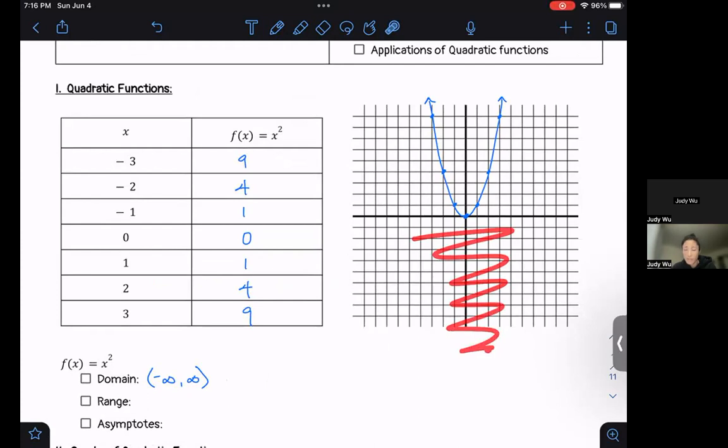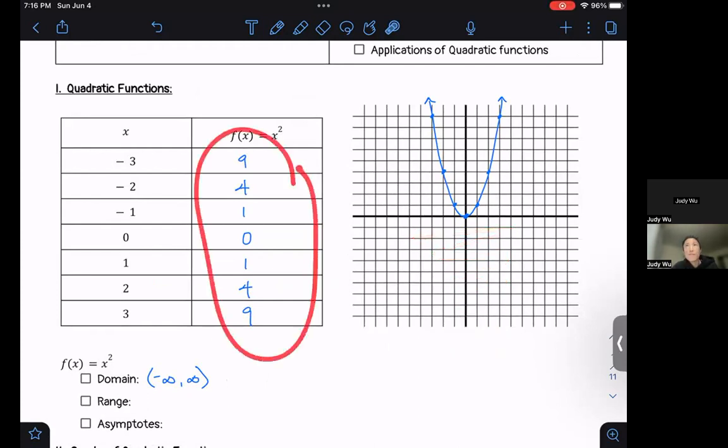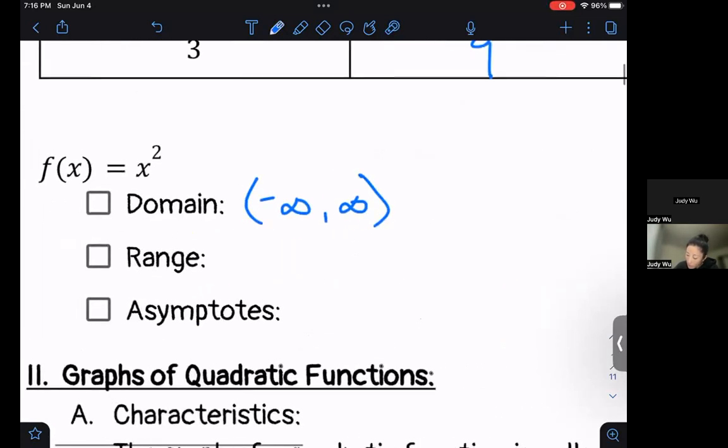Likewise, in the table, none of the values come out negative. The smallest value that can come out is 0. So our range is from 0 up to infinity, and to include 0 we use a bracket: [0, infinity).